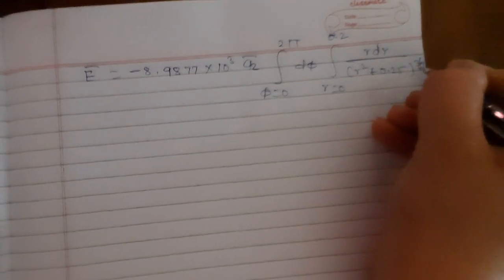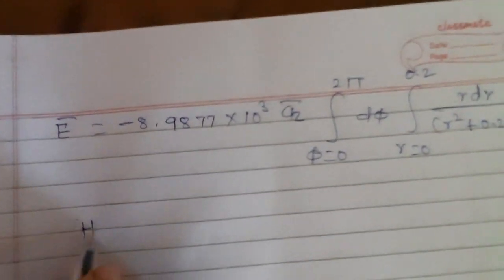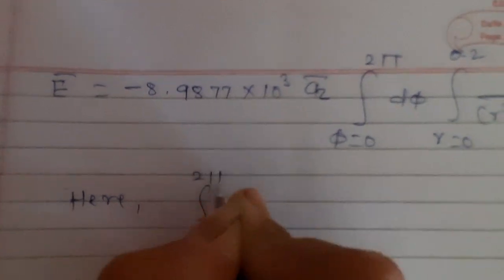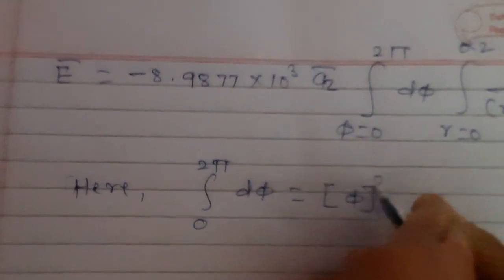So we solve this integration separately. Here the integration of 0 to 2 pi d phi is phi, so the answer is 2 pi.